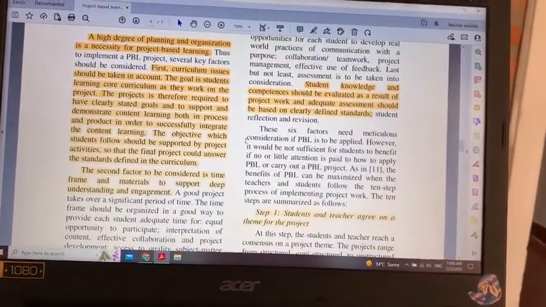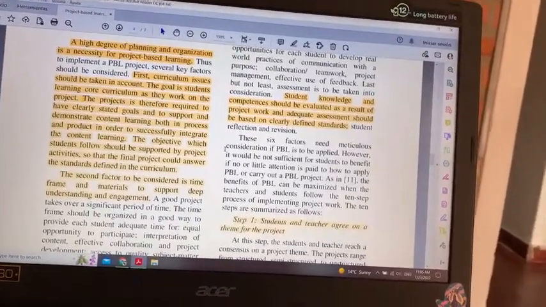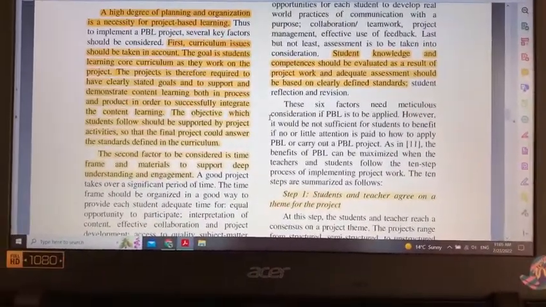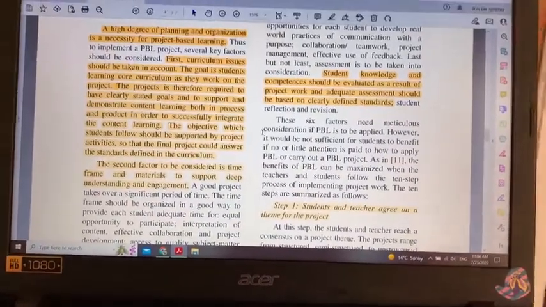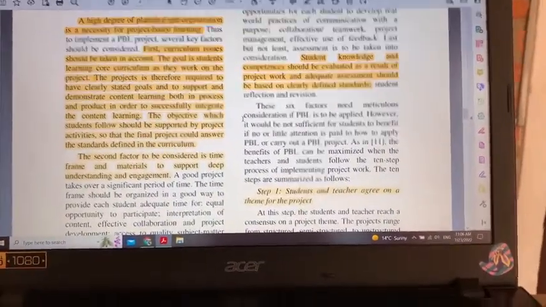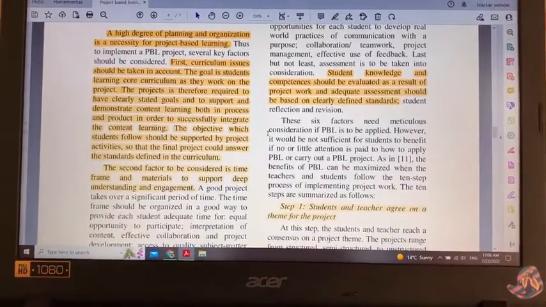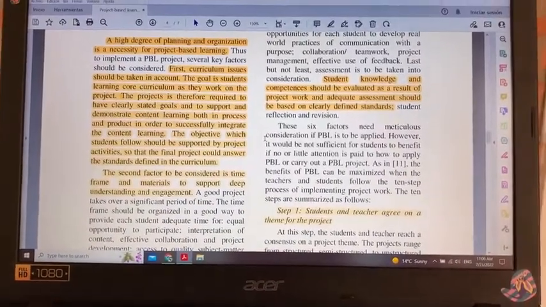Then, after considering these 6 factors, she moves on to the 10 steps that we have to take into account for the successful implementation of PBL in our classes.